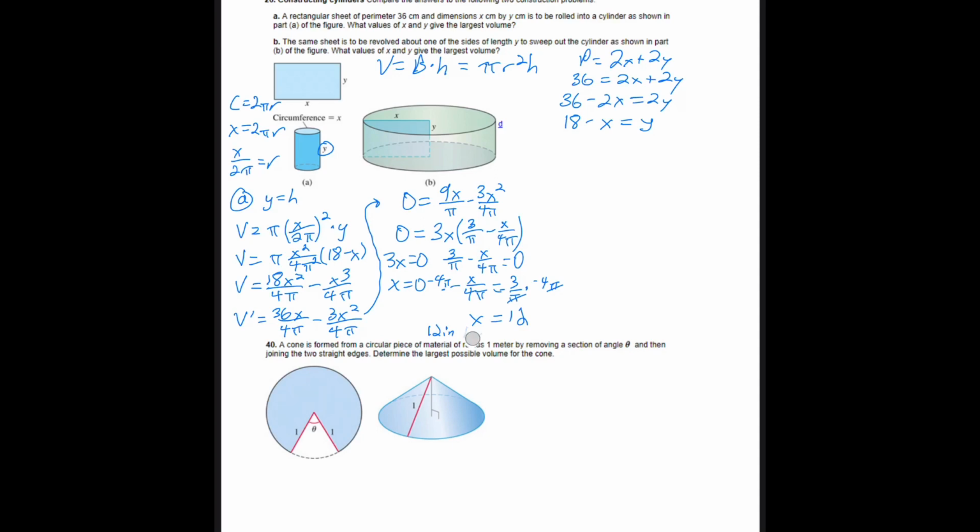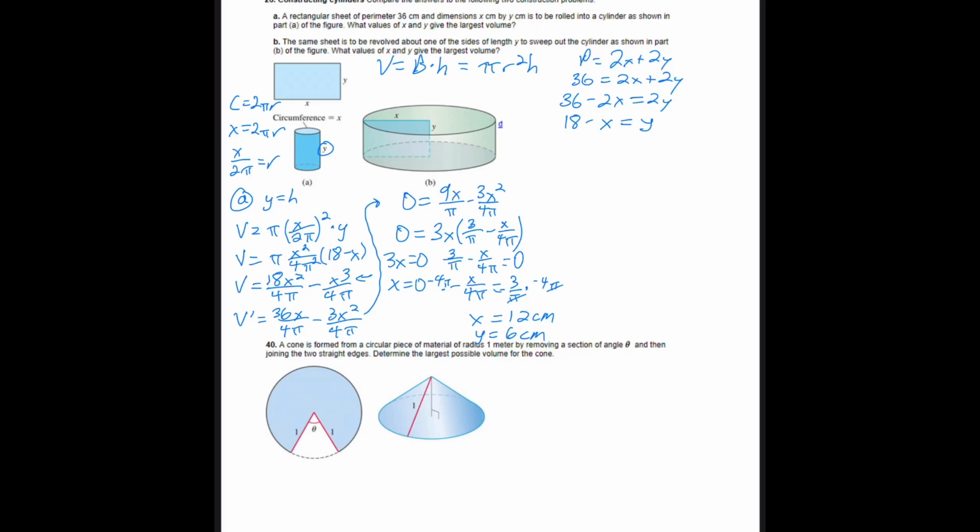So in this case, x equals 12, and then we can plug it into this perimeter formula, 18 minus 12, and y equals 6. So 12 inches by, not inches, centimeters is the units in this problem. So x is 12 centimeters, and y is 6 centimeters.